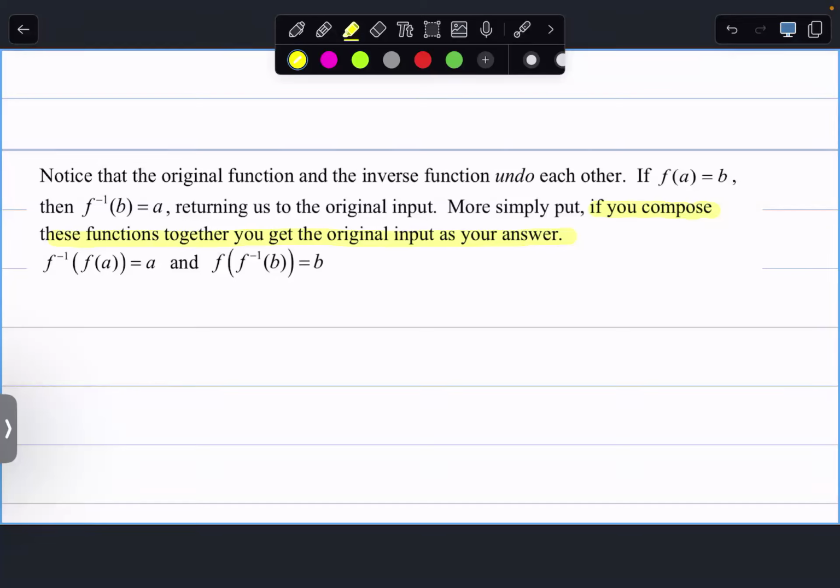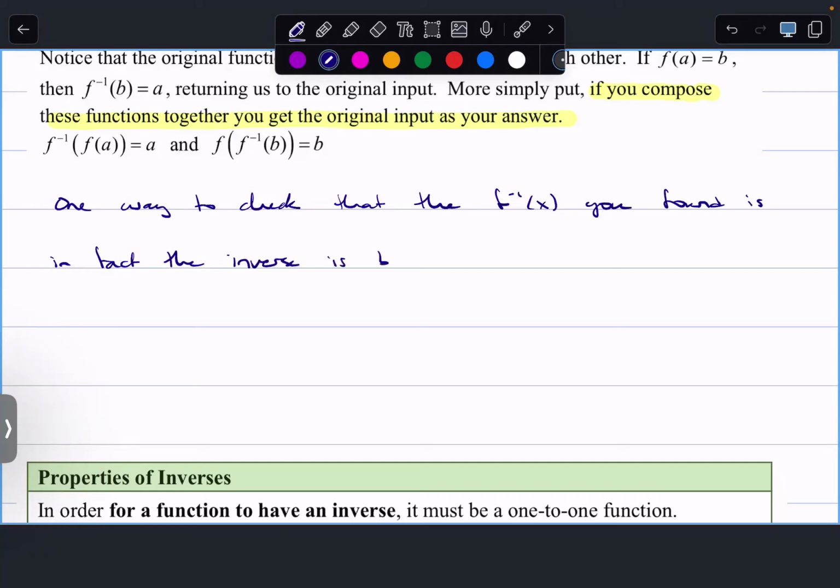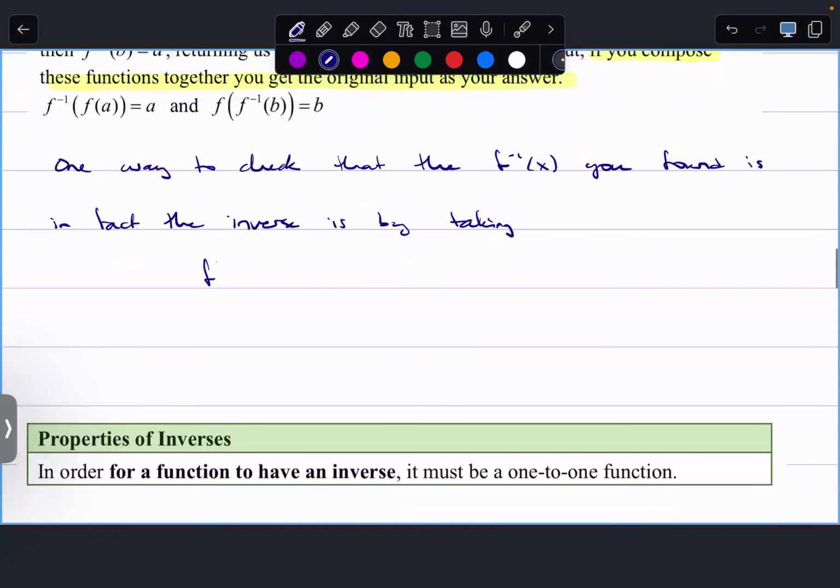So one way to check that the f inverse of x you found is in fact the inverse is by taking f inverse of f of a, and does it equal a?